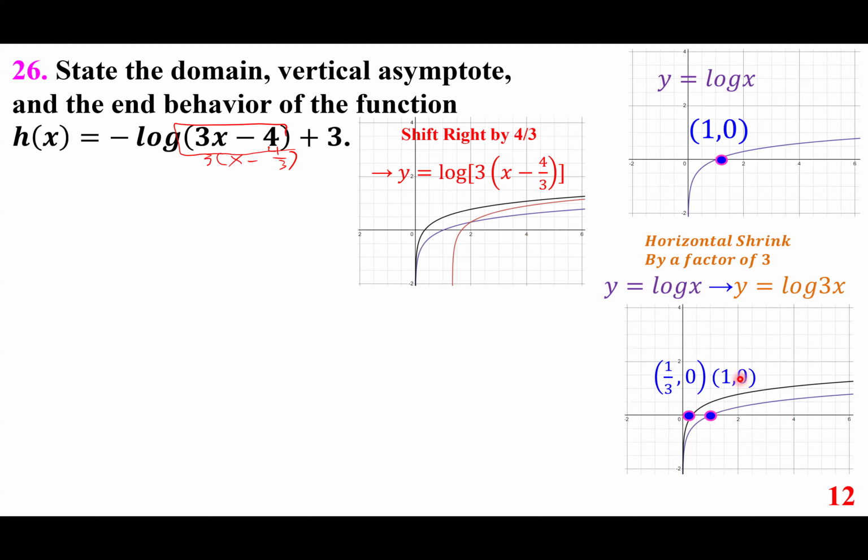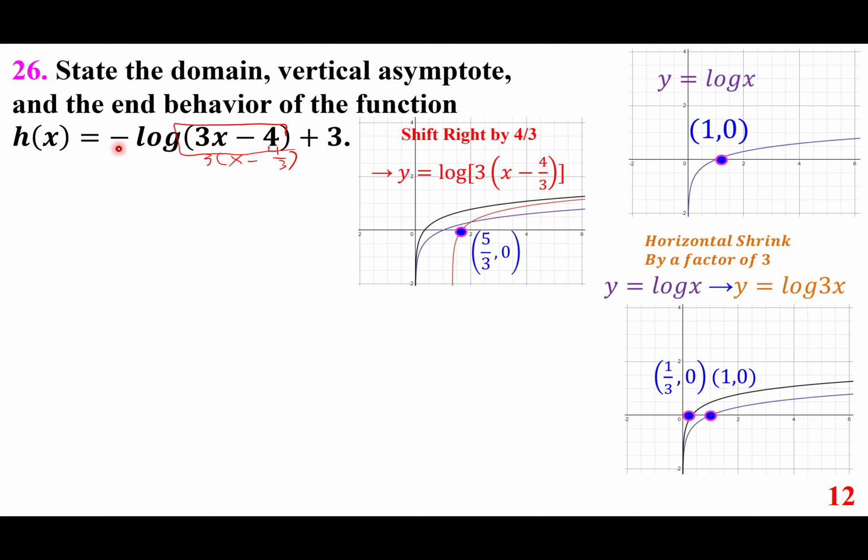Remember the x-intercept at 1, 0. Now it's 1/3, 0. We shifted to the right by 4/3. So we have to add 4/3 to 1/3, and we get 5/3. So this is the newest one. All right. So please understand this is identical to this one.